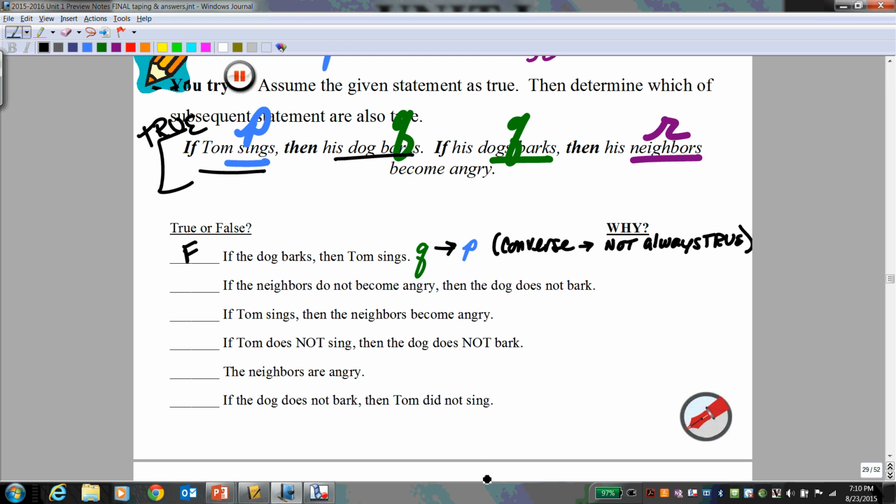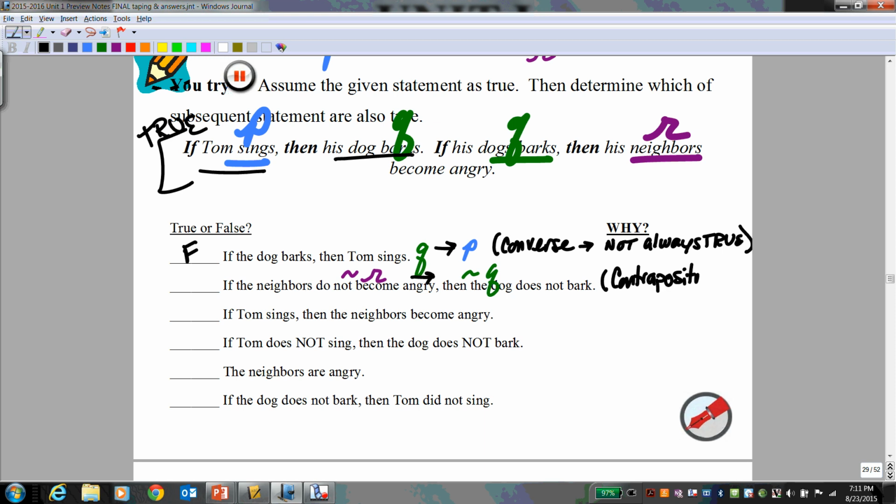If the neighbors do not become angry, then the dog does not bark. Neighbors angry, that's R. Do not become, so that's opposite of R. Then the dog does not bark. Dog barking is Q, that's opposite Q. What we have here is the contrapositive.